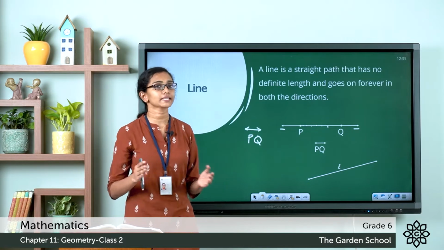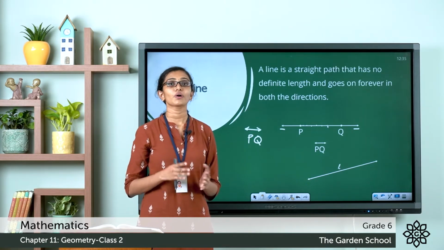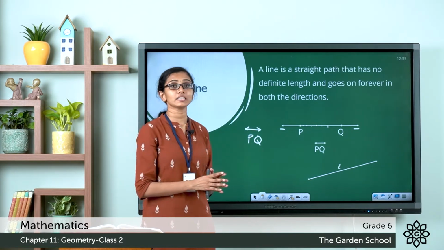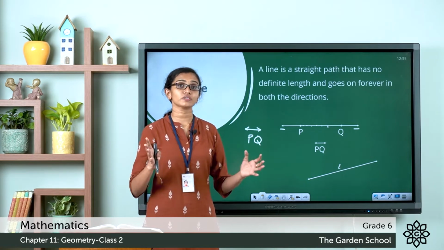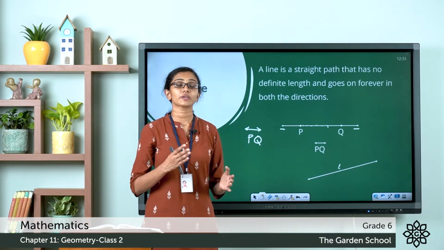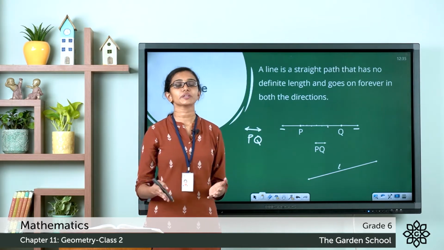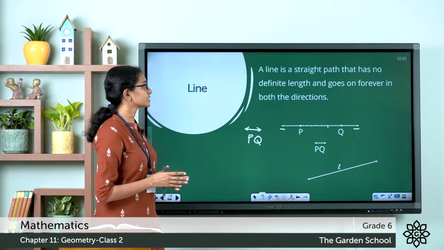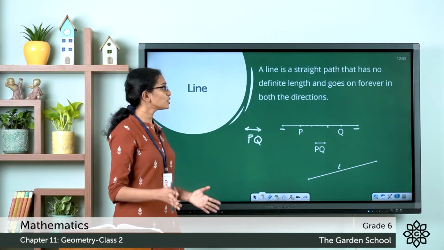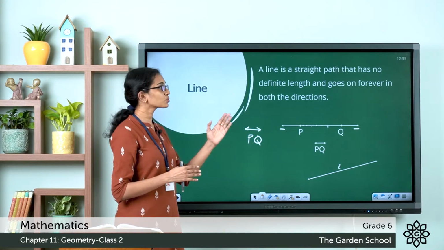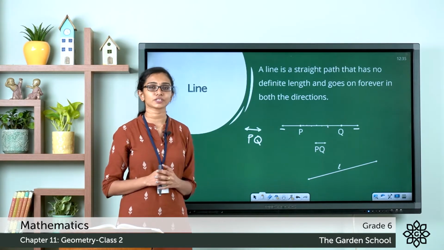Can we measure the length of a line? No. Why? Because it is extending endlessly. It does not have a limit. So we cannot measure the length of a line. So how do you define a line? A line is a straight path that has no definite length and goes on forever in both directions.